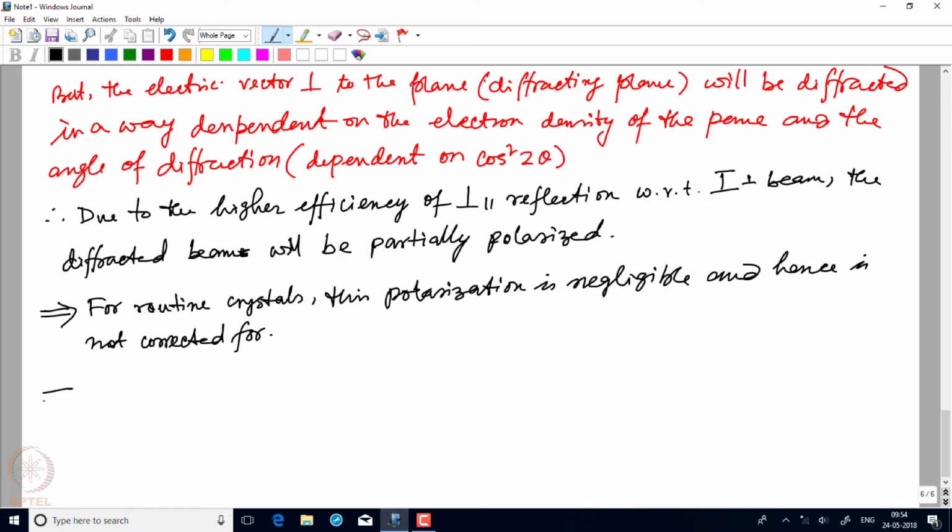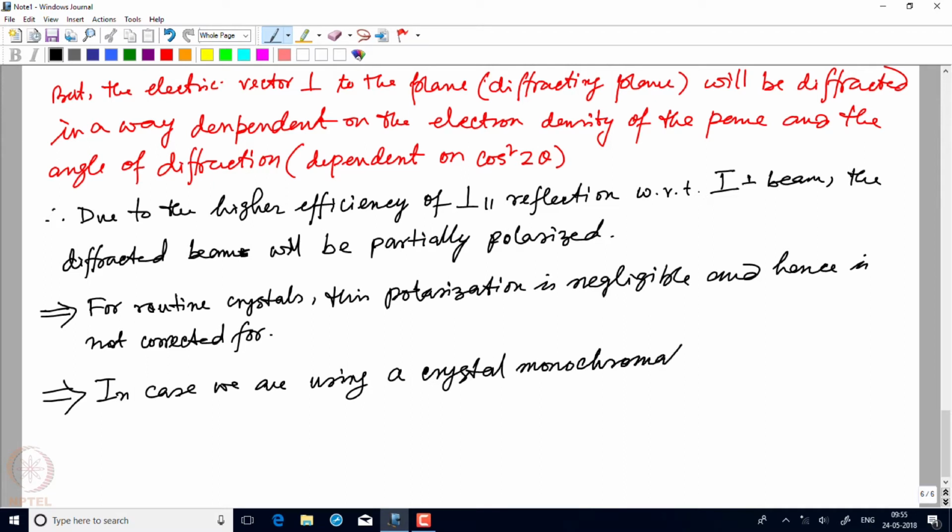But then if we are using a crystal monochromator, which is like a germanium crystal with its 111 plane exposed, and we try to generate copper K alpha 1 radiation, so in case of that kind of experiment where you use a monochromatic X-ray, in case of usage of crystal monochromator, this effect is important. Why?